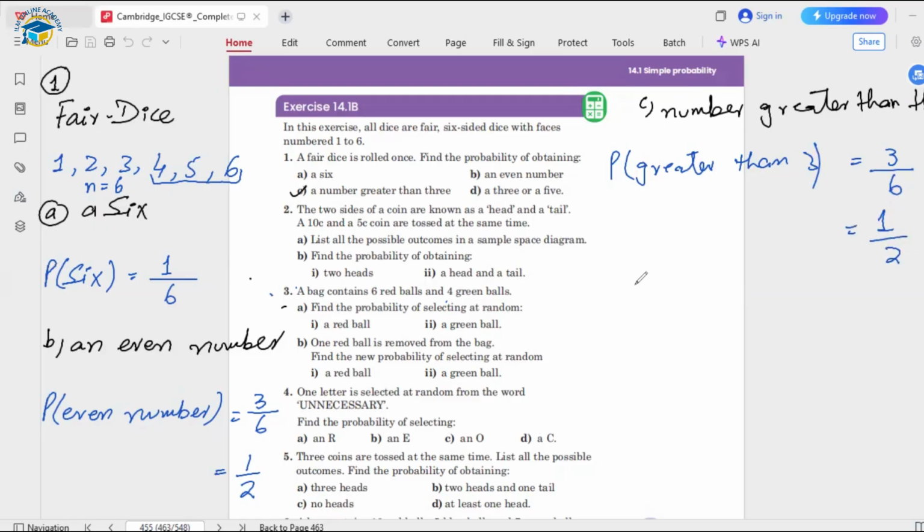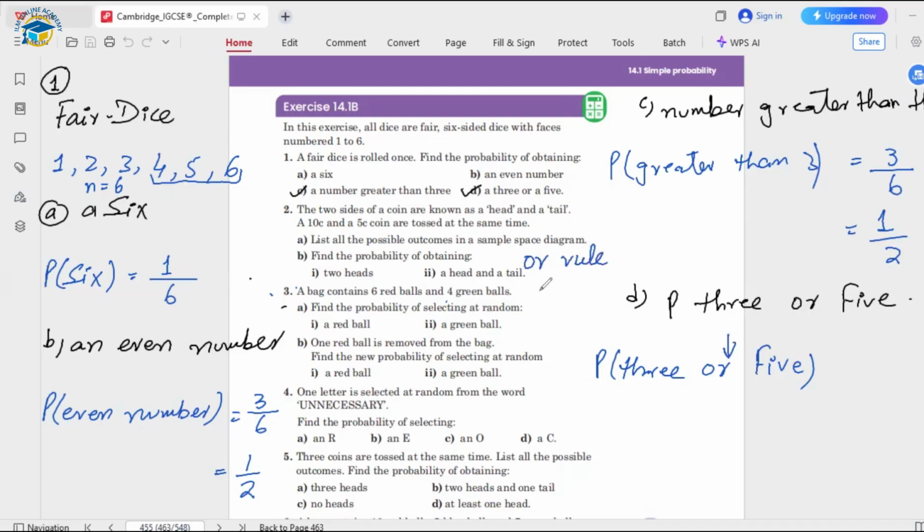Moving towards part number D, here they're saying probability of getting a 3 or a 5. So probability of 3 or 5. One thing more I want to tell you over here: when we are talking about probability, if we are getting the word or, basically there are two rules, the or rule and the and rule.